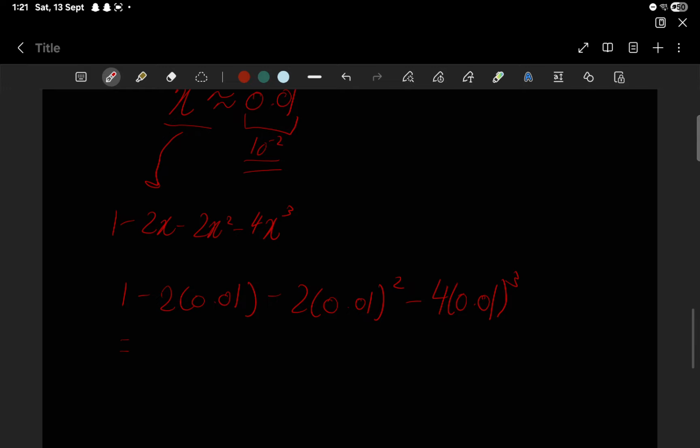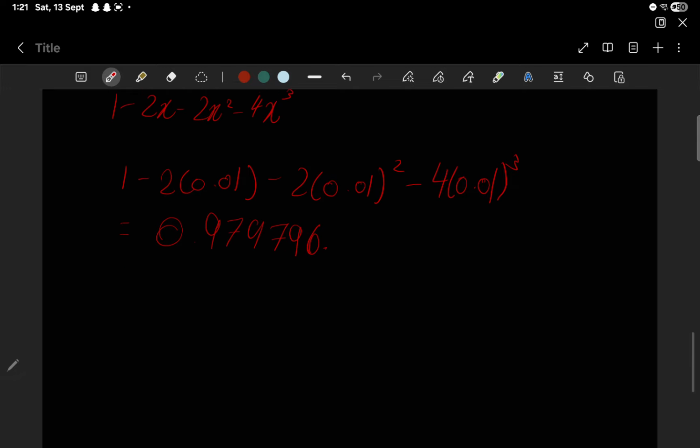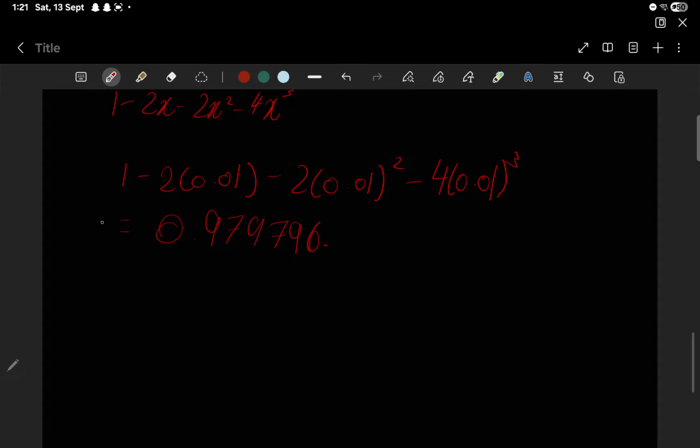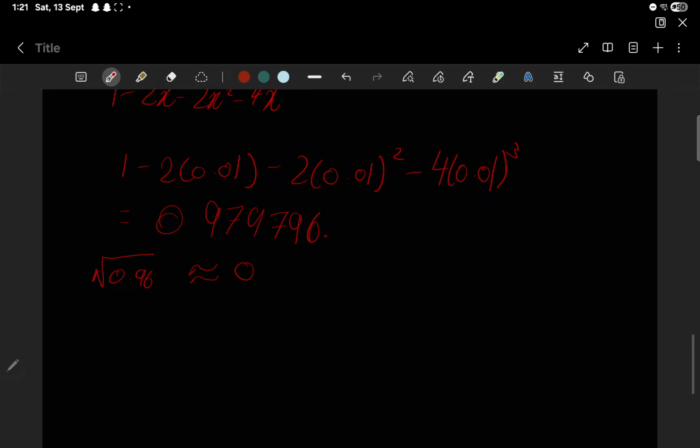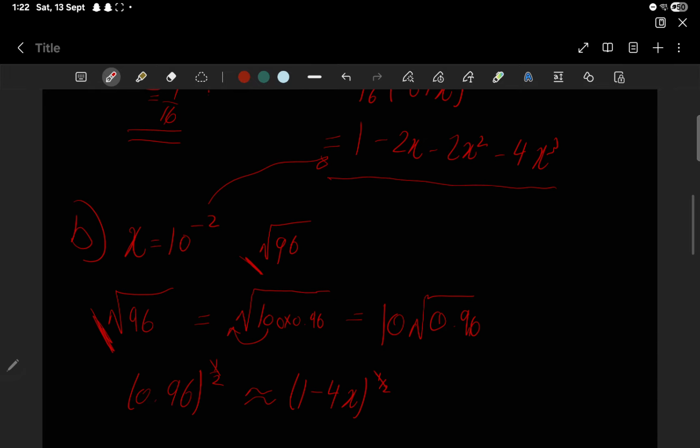This is going to give me 0.979796. Now this is an approximation for radical 0.96, approximately equal to 0.979796.